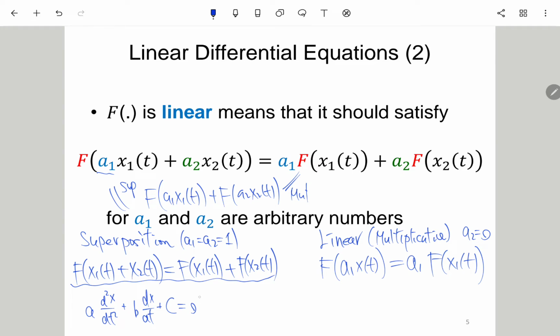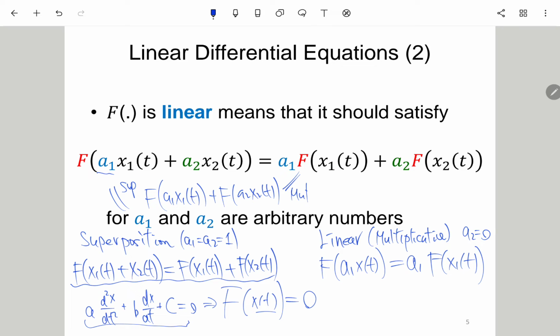We can actually write it as F of x of t equals 0, considering it as a function of x of t.